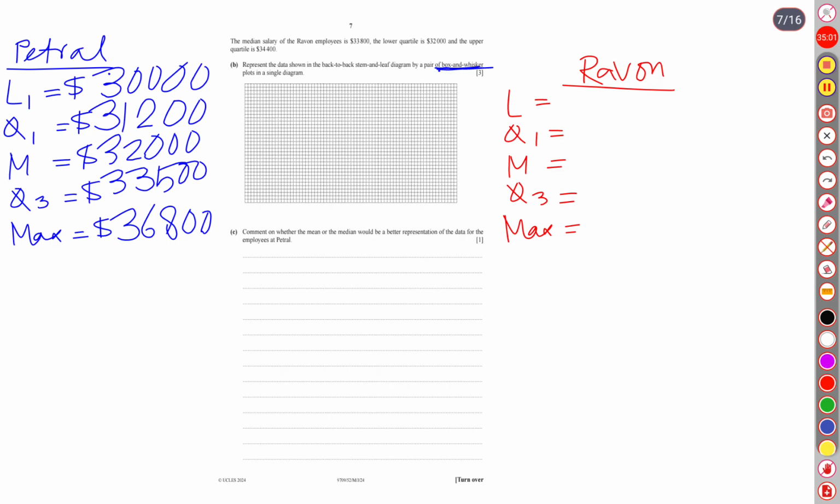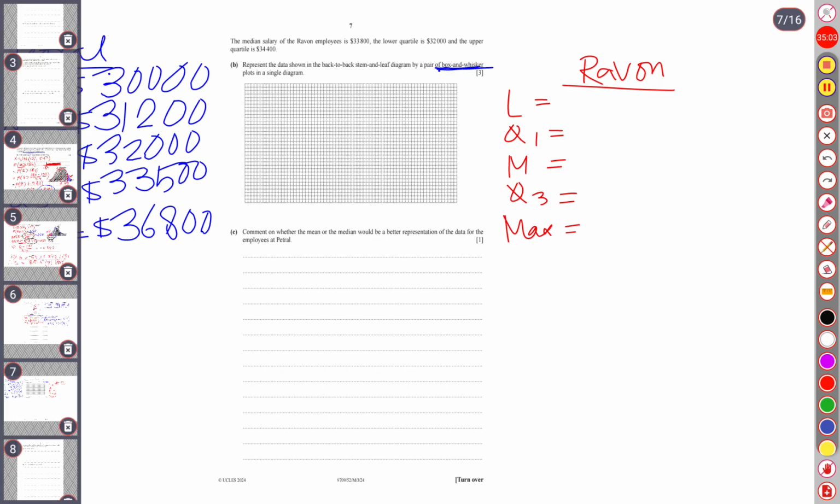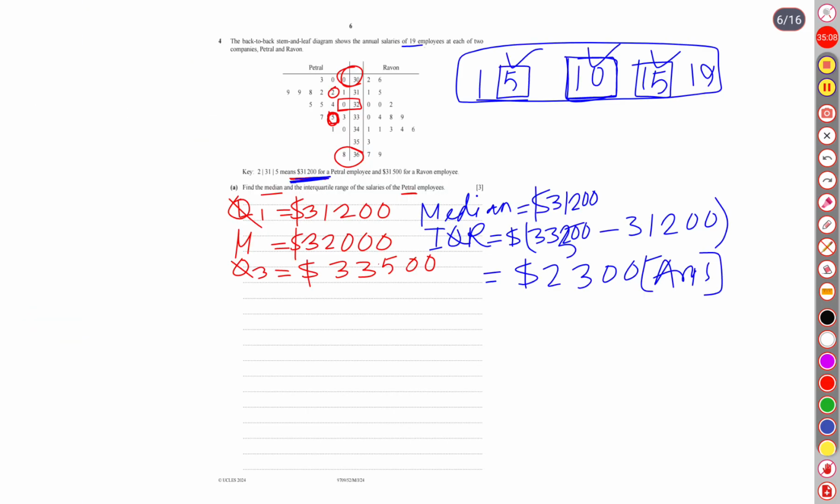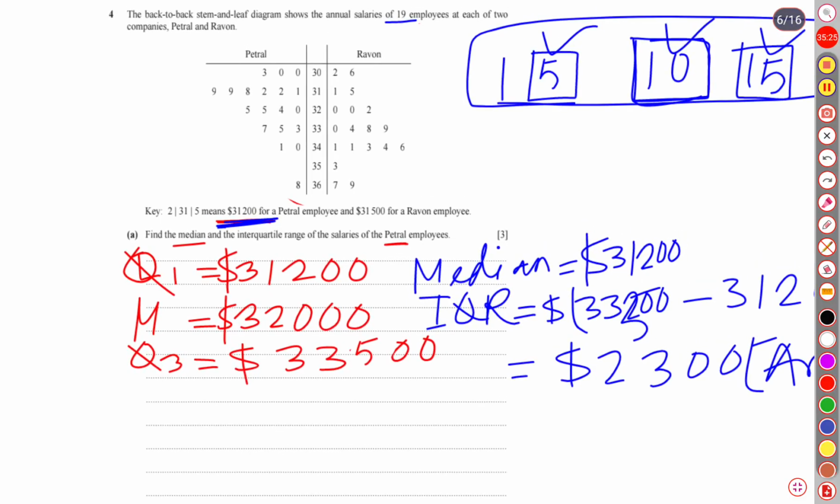Then Raven. For Raven, how much was the lowest wage? Let me erase this so that we can see them clearly. Yes, this is the lowest. Lowest is 302.